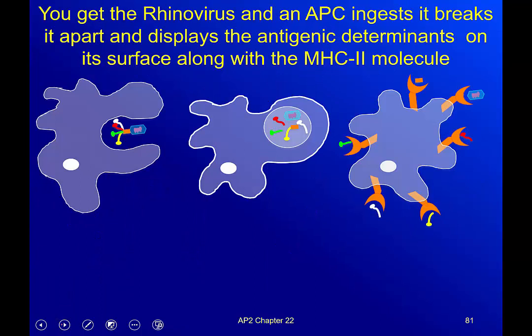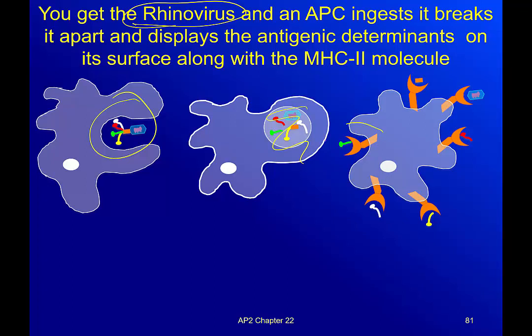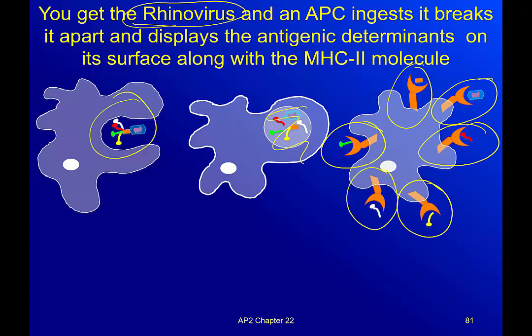Now, let's say you get the rhinovirus, a cold, and an antigen presenting cell ingests it and takes it apart and starts displaying the parts and pieces on the MHC-II on its surface. Remember, MHC-II, antigen presenting cell, I'm showing you a wanted poster with the description.